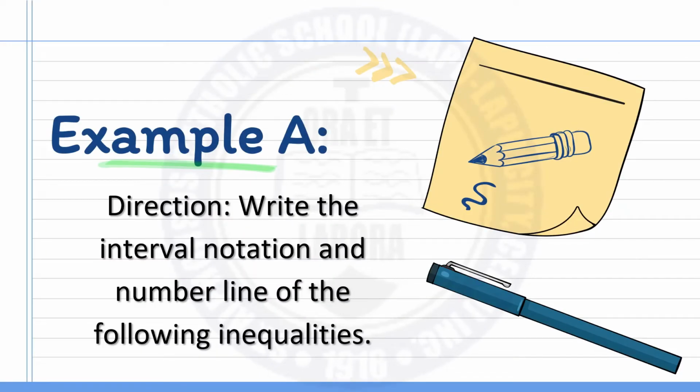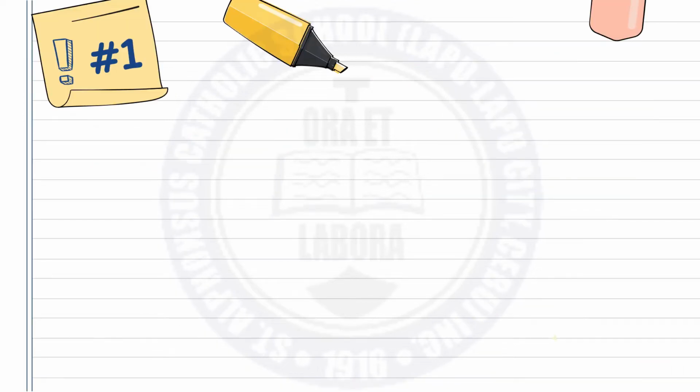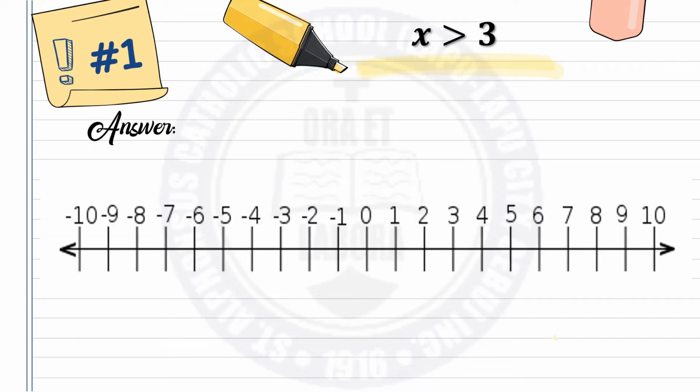Here are some examples. For the examples, we divided into two parts. First examples, direction: write the interval notation and the number line of the following inequalities. Number 1. X is greater than 3. You draw first your number line.